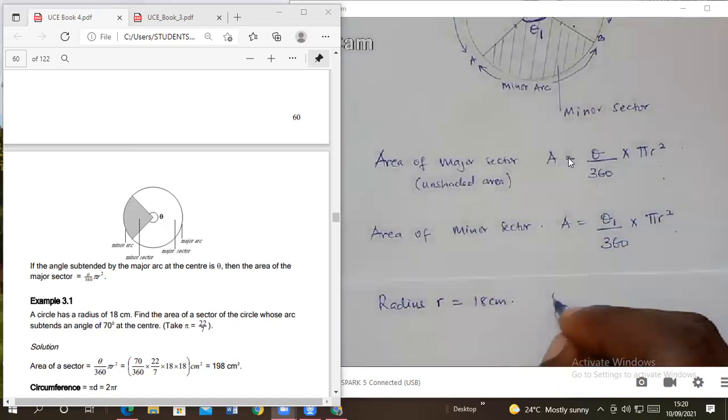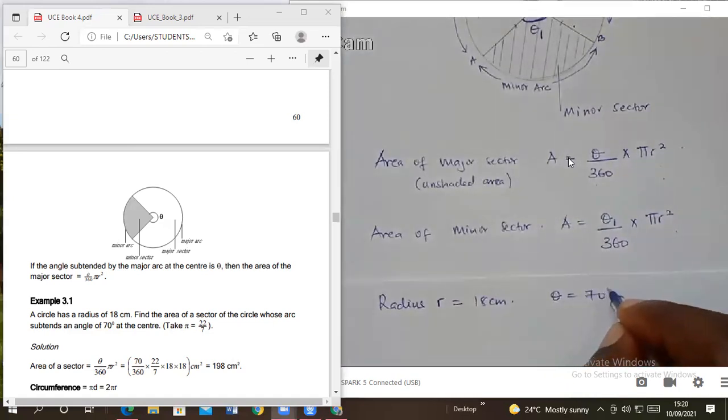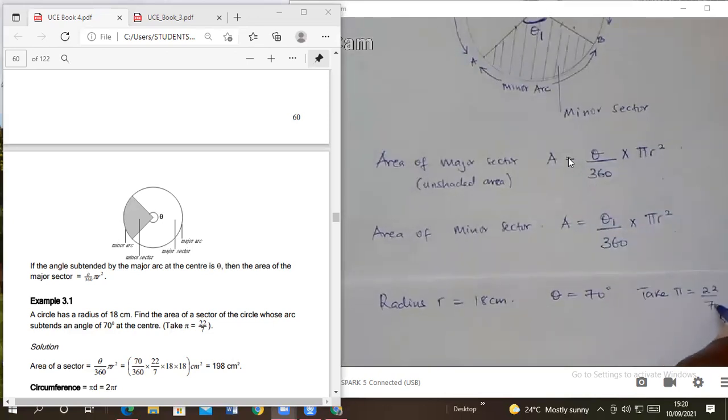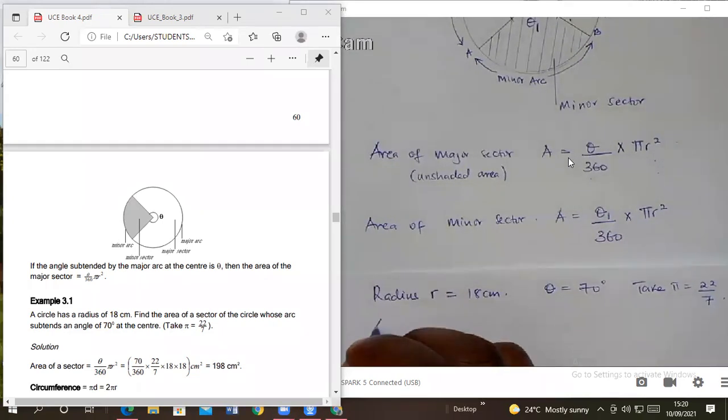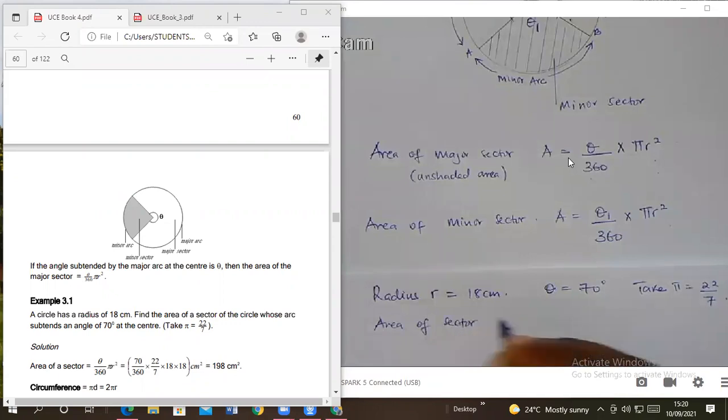So the angle they are giving us is 70 degrees, and they are telling you to take pi to be equal to 22 over 7. So they are asking what is the area of the sector that is subtended by the two radii that make an angle of 70 degrees at the center.